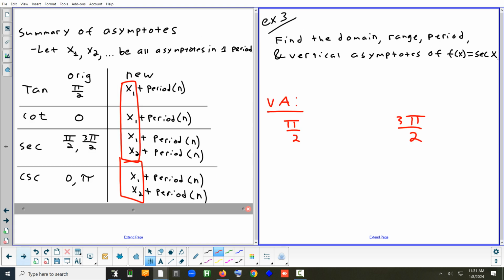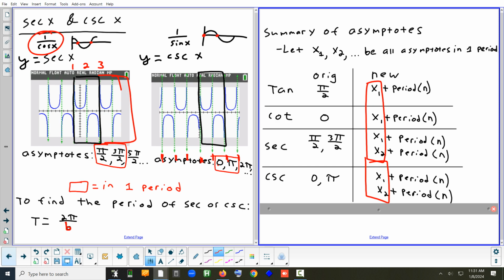Okay. What's the period of the secant function? Max, what's the period of secant? Yeah, 2 pi.